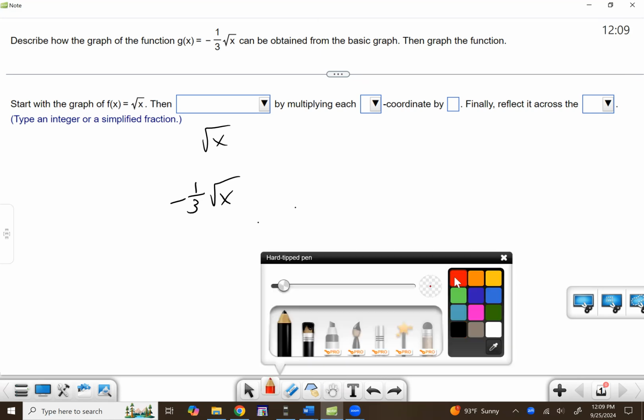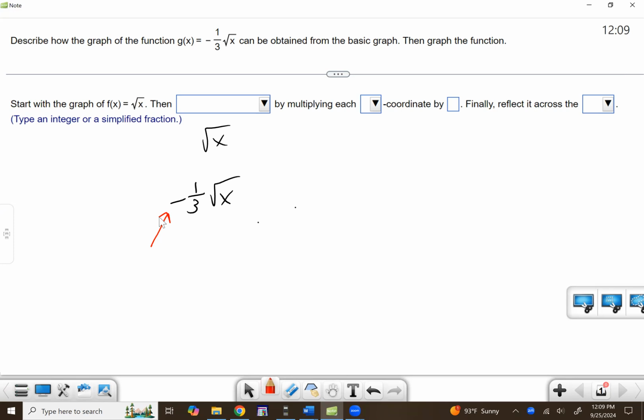So if we have a negative in front of the function, so in other words, this versus this, okay? If the negative is in front of the function, that's going to be a reflection across the x-axis. Reflect across x, okay?